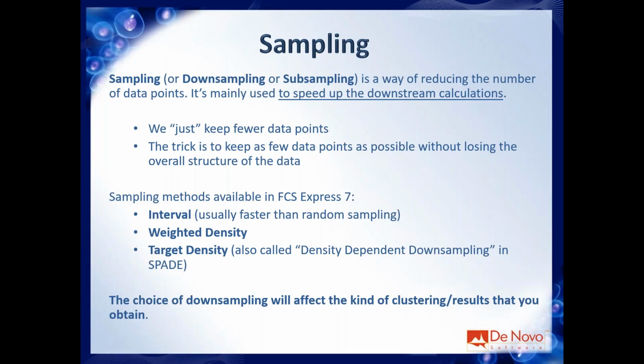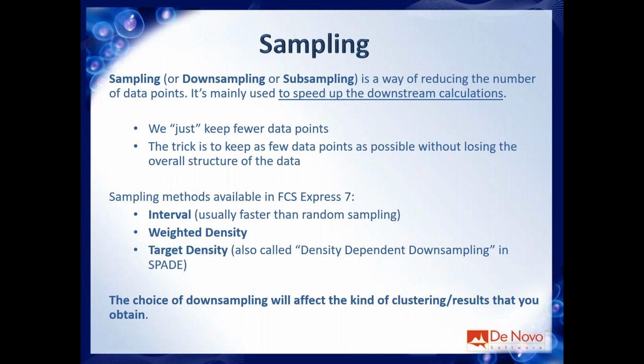If you sample 10,000 events, so one event every 100, it will be quite likely that you will not sample your rare population at all, or that you will not sample your rare population enough to then make some robust calculation, okay? So the only way to overcome this limitation is to increase the sample size, but then you will need to wait longer, or to use a different type of sampling.